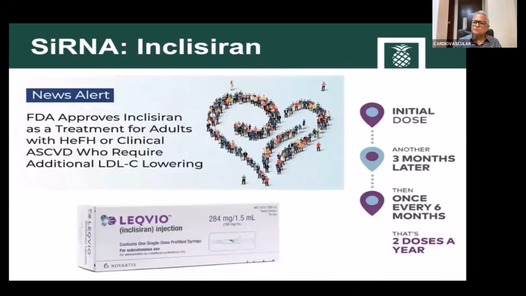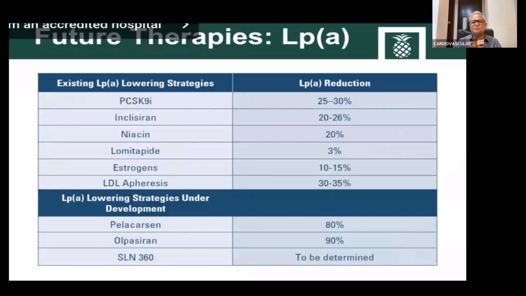The initial dose is 284 milligrams subcutaneous injection, repeat another dose after 3 months, and then twice a year, 6 monthly. It is currently approved by FDA for heterozygous familial hyperlipidemia and clinical ASCVD who require additional LDL-C lowering. So this is a very good drug available internationally, and I think it's available in India, imported by some company but distributed by another company.